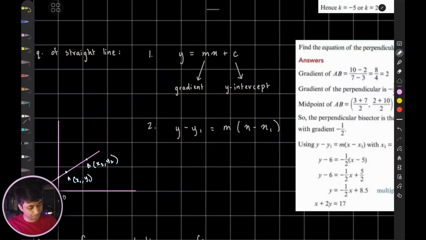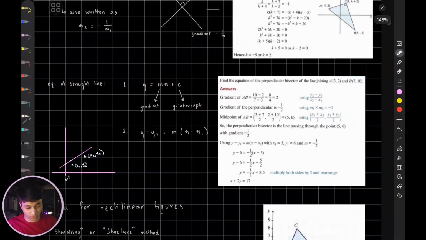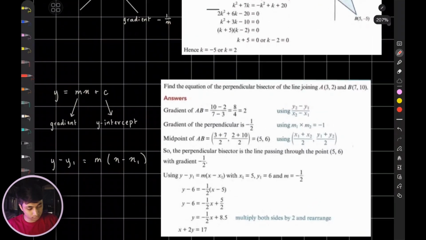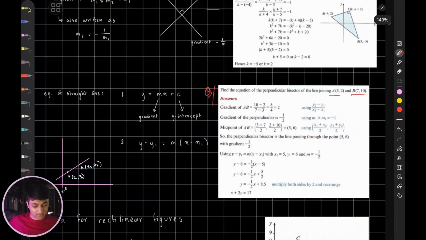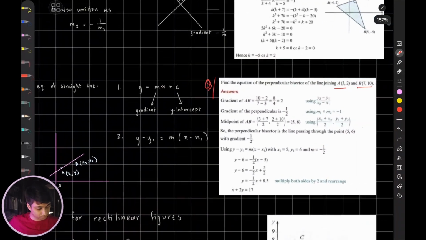Great. So we can try and solve a question related to this formula. Let's see what we have. Find the equation of the perpendicular bisector of the line joining A and B. Okay, so they've given you a bit of information.